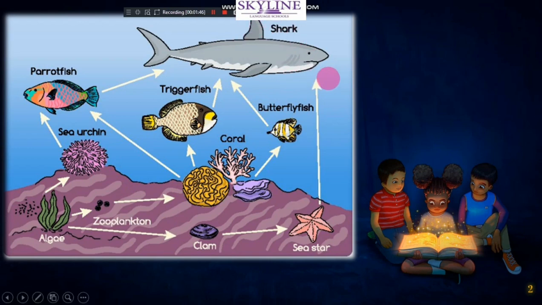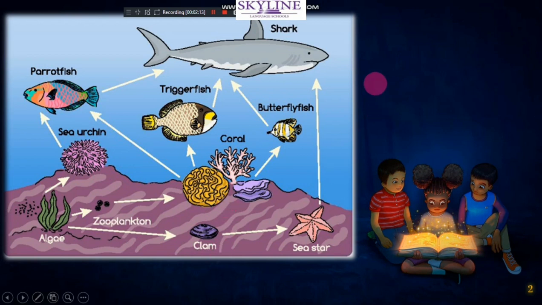Then the shark comes and eats the different types of fish, and the sea star also. The primary consumer is the living organism that feeds on the plant only. So the clam, the plankton, and the sea urchin feed on the plant only. So they are the primary consumers underwater.